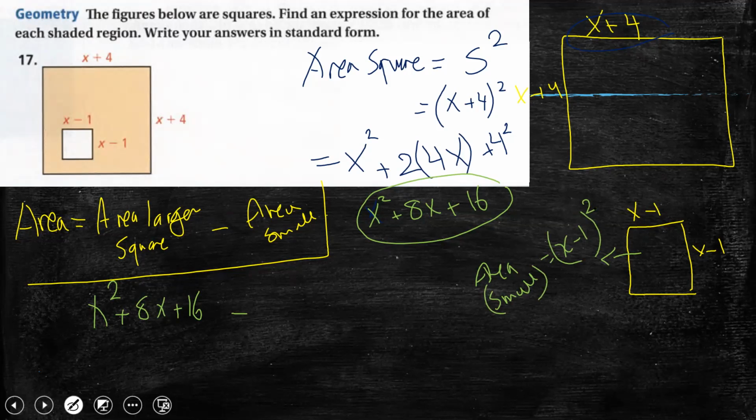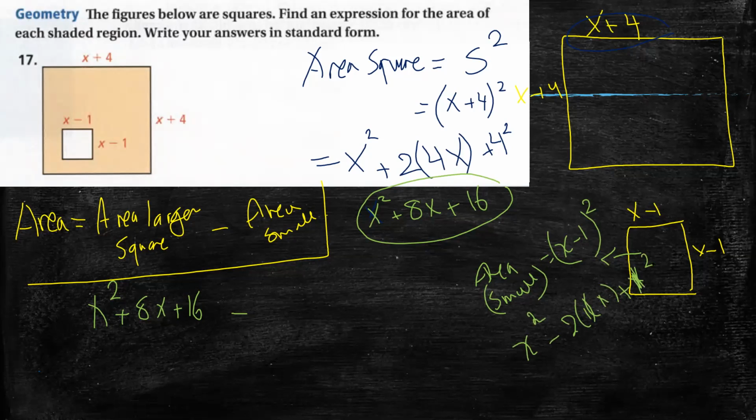Yes. So let's write it in the simple form. It's x squared minus 2 times 1 times x plus 1 squared. So x squared minus 2x plus 1. Is it right? Yes. So here now it's x squared minus 2x plus 1.